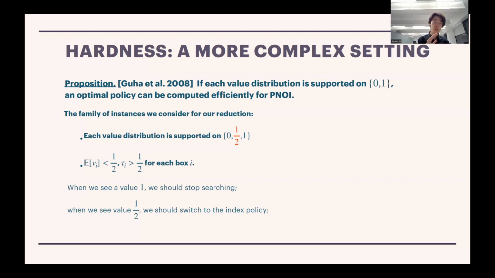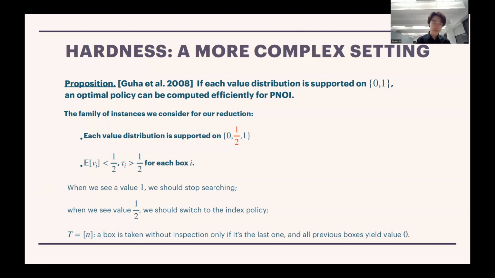So you will not take a box without opening it, because if you take a box without opening it, you will in effect get its expected value, which is smaller than 1/2, but you already have 1/2. And we know the index is always greater than 1/2. So after you get 1/2, you should switch to the index policy, still trying the remaining boxes.